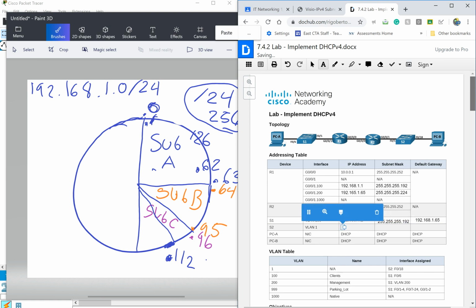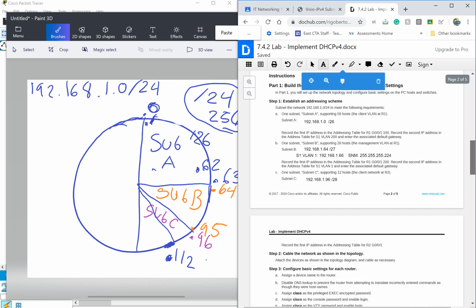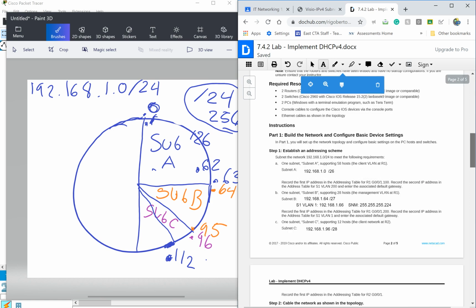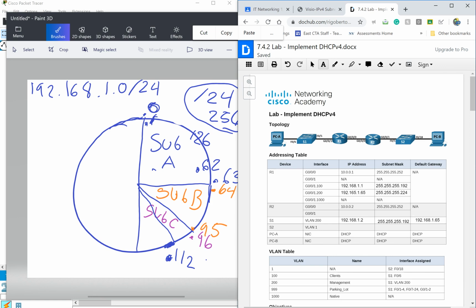All right, so let's scroll down. Once you have that, also right here, record the first IP address in the addressing table for R2 G0/0/1. So it's going to be 192.168.1.97 for R2 G0/0/1. Let's go back up here.